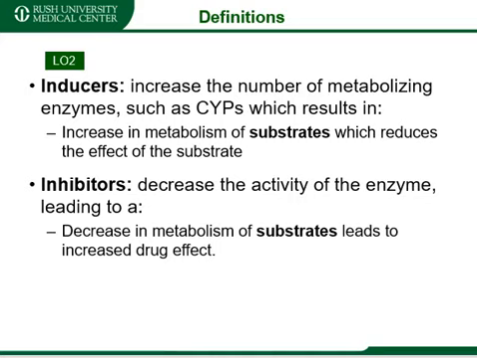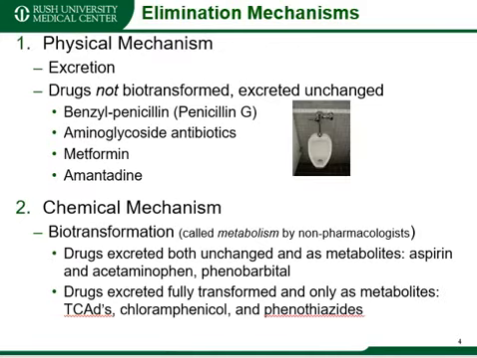Off the top of my head, I don't think there's a drug that's both an inducer and an inhibitor of the same enzyme. But I think there might be a few that are inducers and inhibitors of different enzymes. I'll have to check, but in general, those are the three main categories.